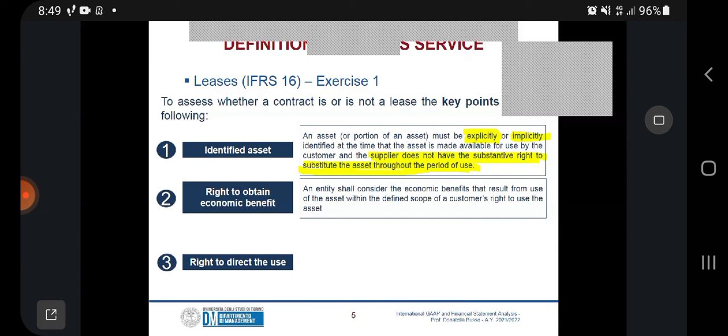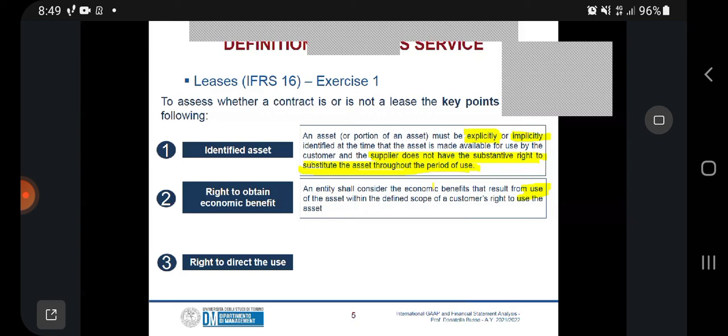Right to obtain the economic benefit. The economic benefit that the company has to verify to obtain are only the economic benefit from the use of the asset, not from the ownership of the asset.